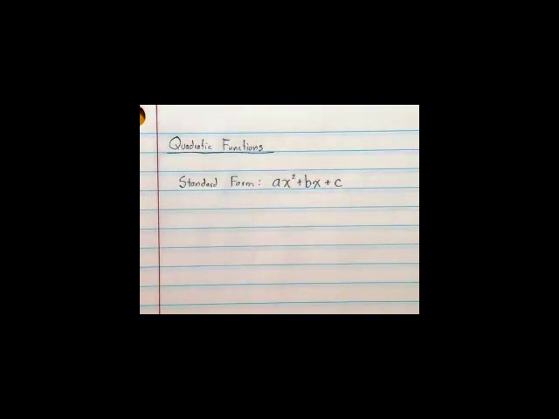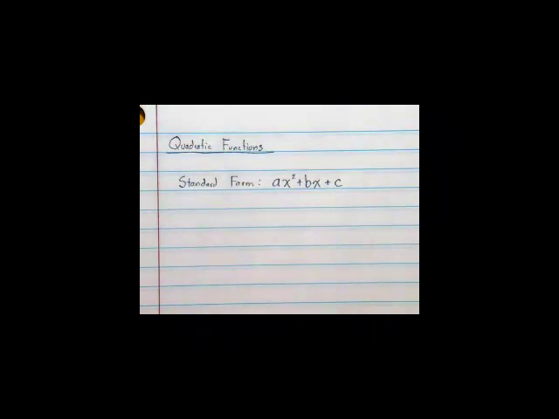And this is the one you're probably going to use the most, because it lends itself to the quadratic formula, okay, with the A, the B, and the C and all of that. It's written in a form that's a lot like the other ones too. So we tend to want to use standard form.